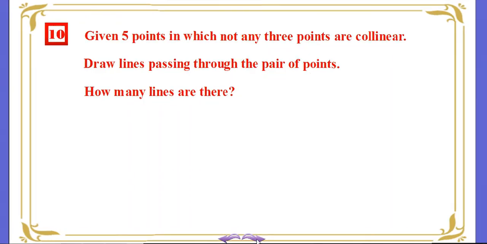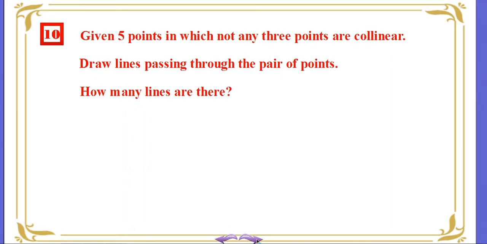We go to exercise 10. This is the last exercise. Given 5 points, in which no 3 points are aligned. Draw lines passing through each pair of points. How many lines are there?